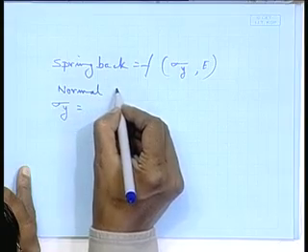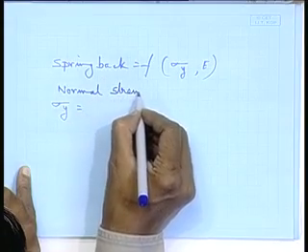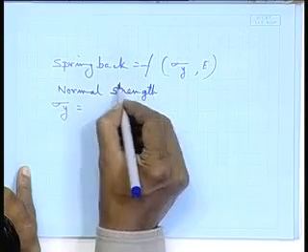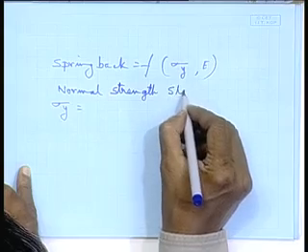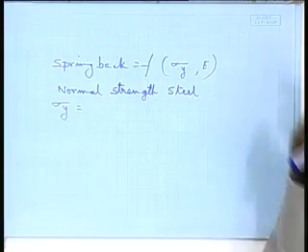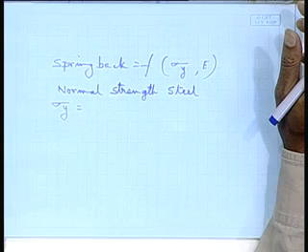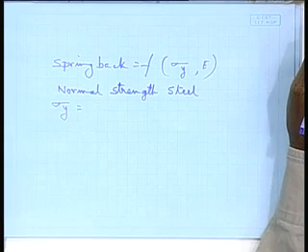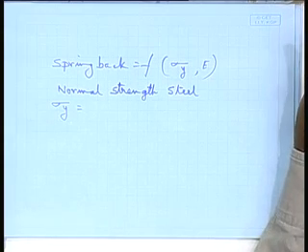It will depend on that. Now, let us see what is the value of this sigma y as far as normal strength steel is concerned. That means we are not talking about high tensile steels or high yielding steels, just normal strength steel, because probably around 80 to 90% of the steel used in the shipbuilding industry is normal strength steel.